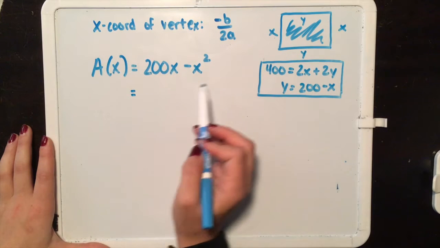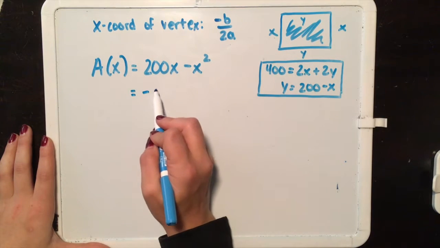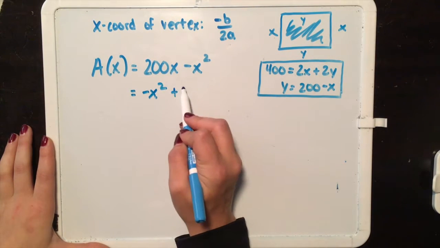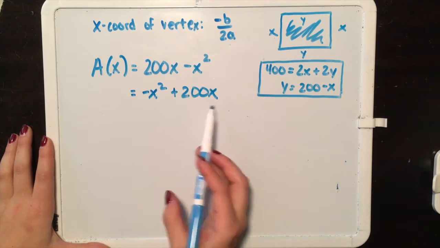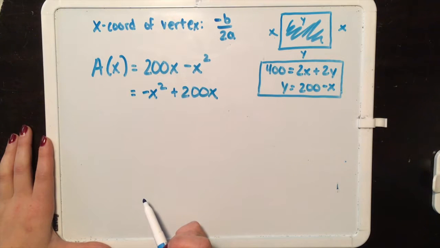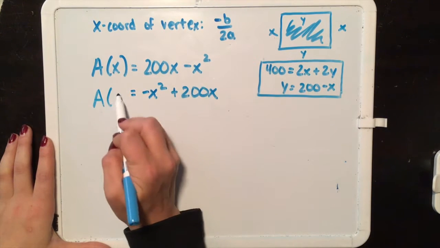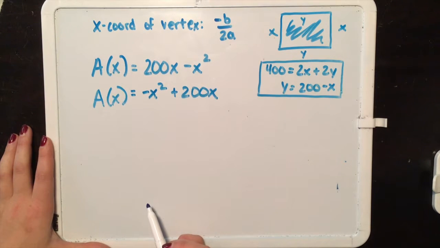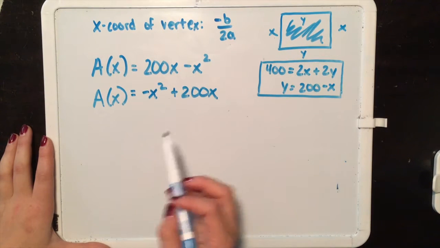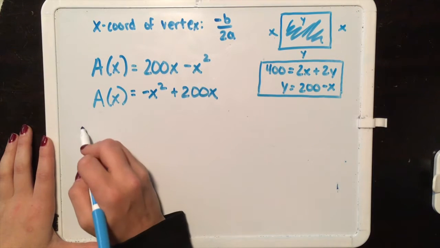And I'm just going to rewrite this by putting the x squared first, so that our parabola is in ax squared plus bx plus c form. So our area function is in fact a parabola because we have an x squared term as the highest degree, and we want to maximize the area.